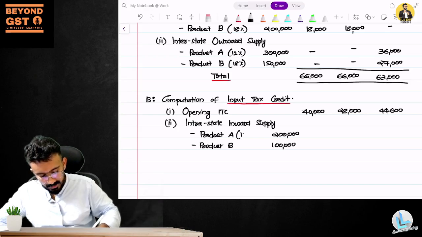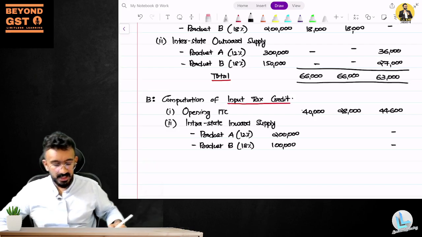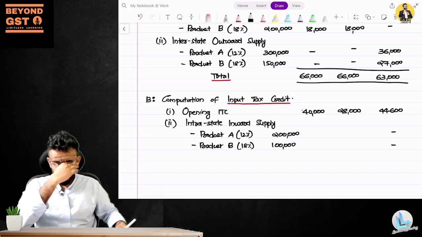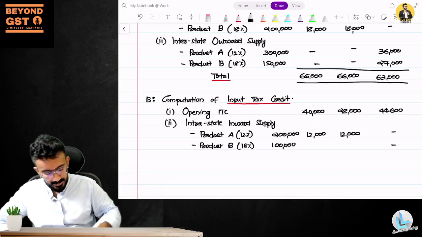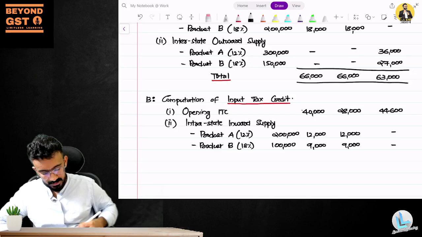Product A is taxed at 12%, product B is taxed at 18%. Since my inward supply is intrastate, I'll have CGST and SGST at 6% on A. What is 6% of 2 lakh? It's 12,000 and 12,000. Then 9% of 1 lakh, which is 9,000 and 9,000.